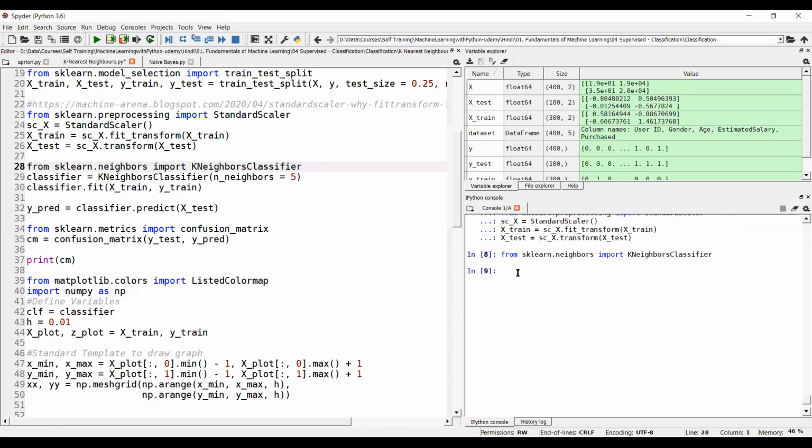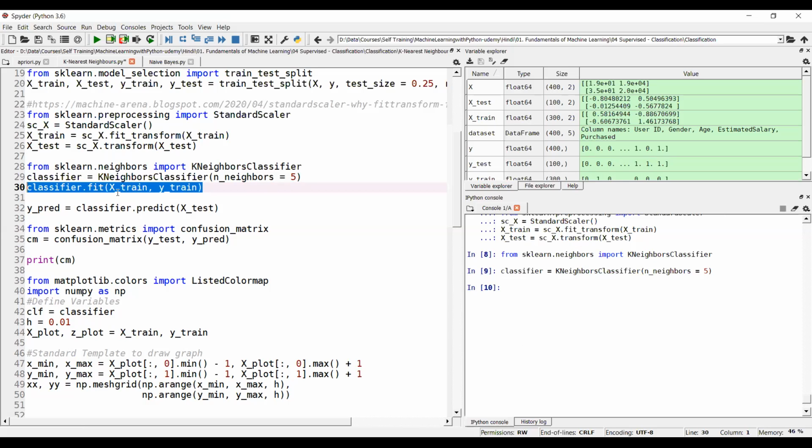So it is able to import the library. As we said in the algorithm, we need to decide one mandatory parameter, and that is the number of neighbors. So here we are selecting the number of neighbors equal to 5. Execute this as well. Okay, it runs successfully. Now build the model.